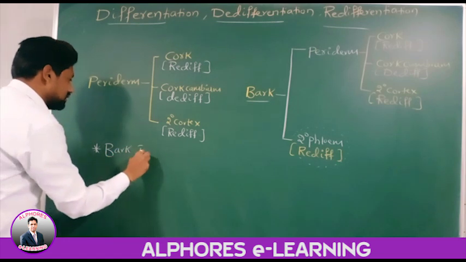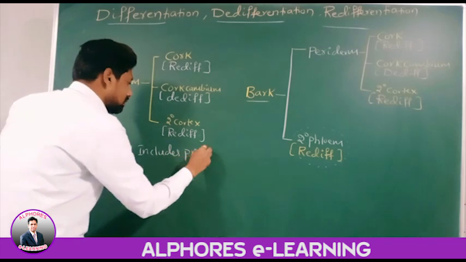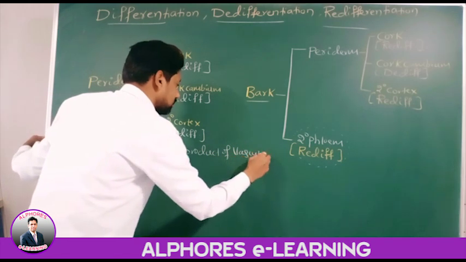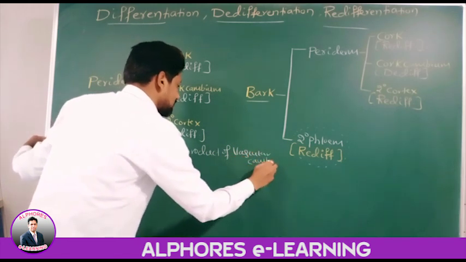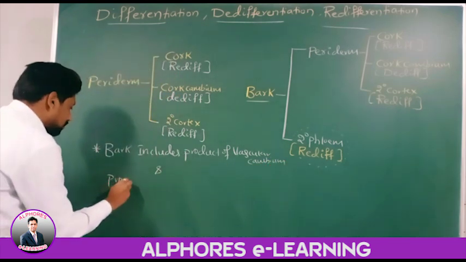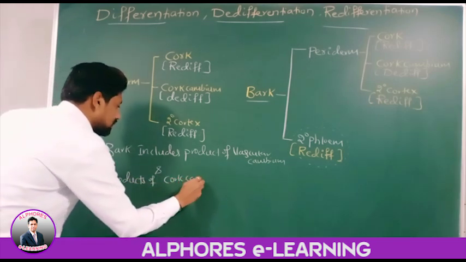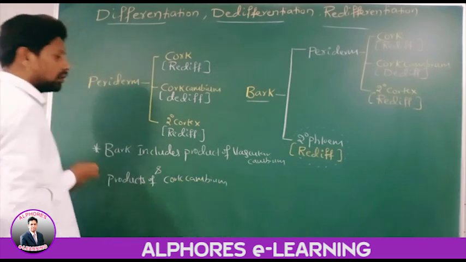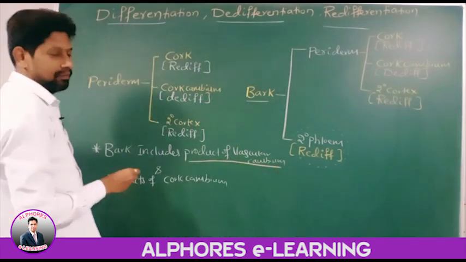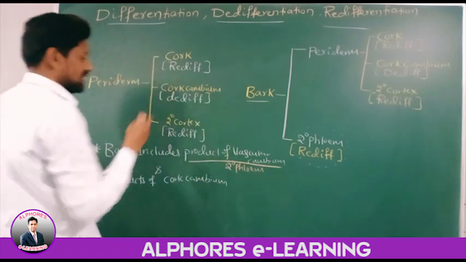Therefore, bark includes products of vascular cambium, which is secondary phloem.